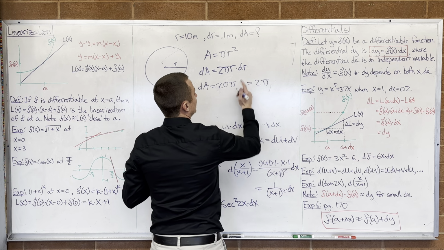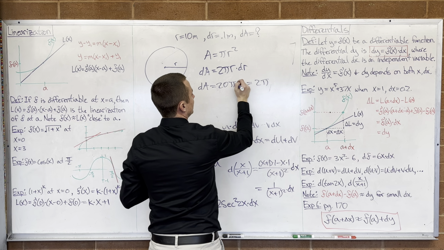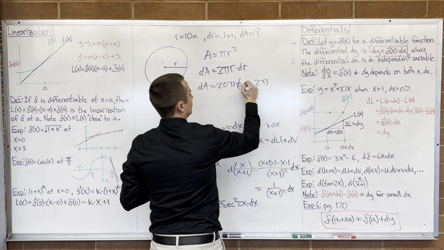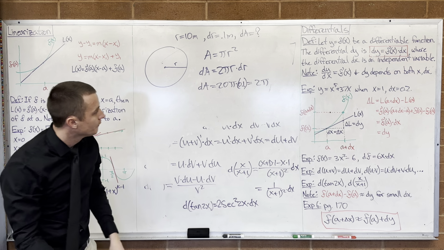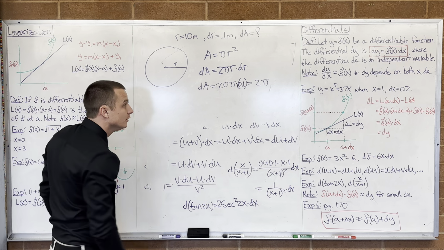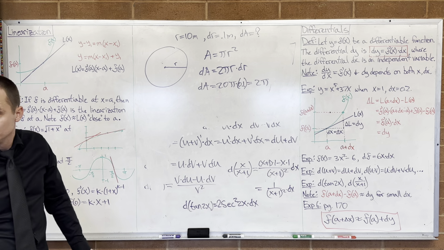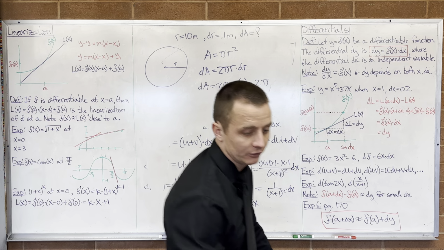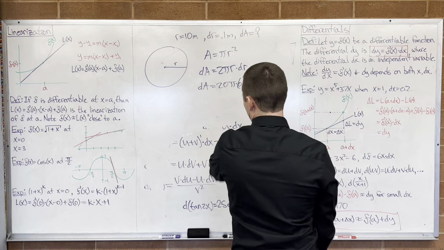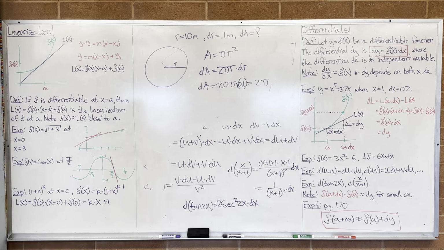Let me write this as 0.1 so you don't get confused with the dot. That's just an approximation. We used a linearization to get that. We didn't actually calculate the change in area. Let me actually calculate the change in area really quick.